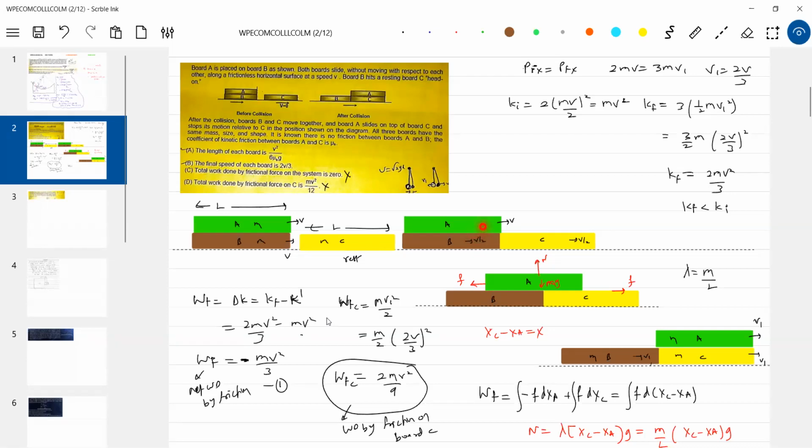MV square. K dash will be MV square by 2, 2 MV by 2 whole square. MV square will come.